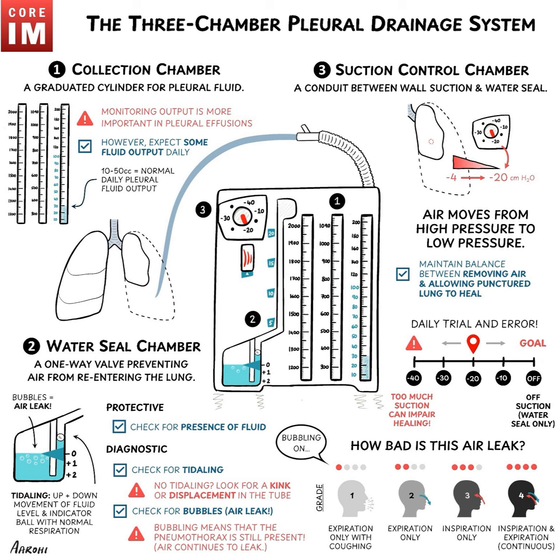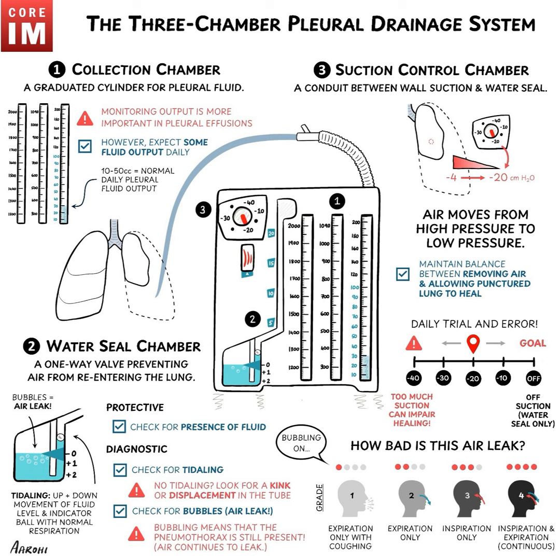So removing patients off of suction as quickly as possible is the goal. So suction is really a double-edged sword. It can help remove air from the pneumothorax more quickly and cause the lung to re-expand, but it can also drive more air from the actual lung into the pneumothorax itself. And if the suction is too strong, it might impair the healing of the actual defect in the pleura. So that's why sometimes we'll go up to minus 30, minus 40. We'll see the bubbling continue, but really no improvement, with the lung not coming up.